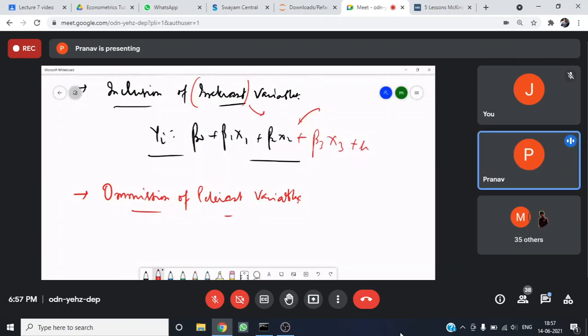So irrelevant means what? Suppose this was the actual population regression function that is actually correct, but instead what you did, or let's say what Mihir did, is to include an additional X3, which he thinks should be included in the model.